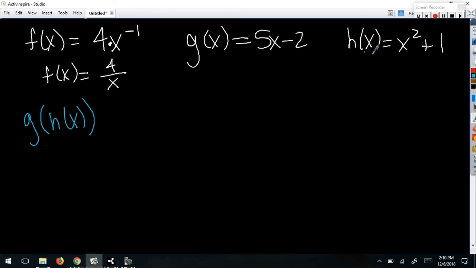Does everybody see that? H of x equals x squared plus 1. So I could replace h of x with x squared plus 1. Does that make sense?